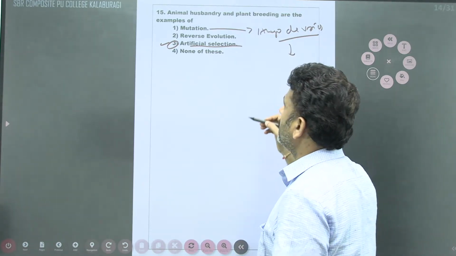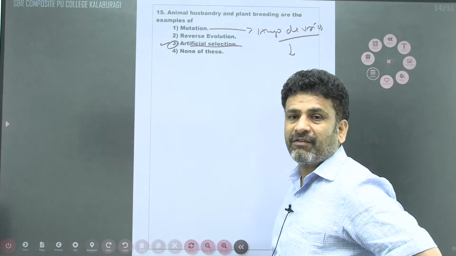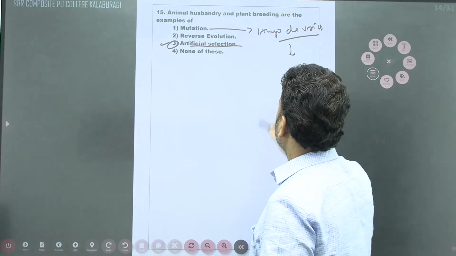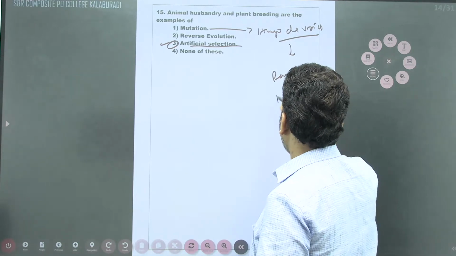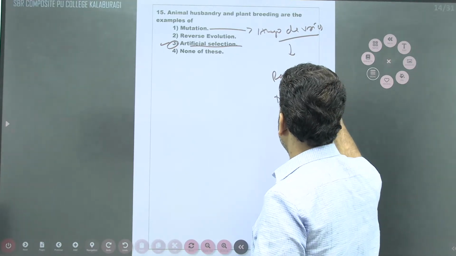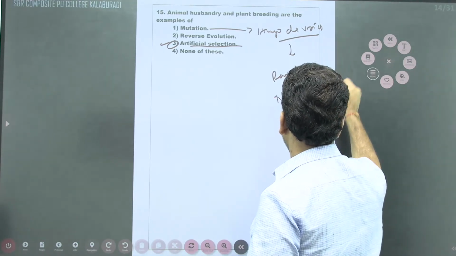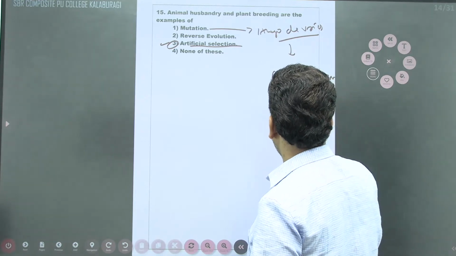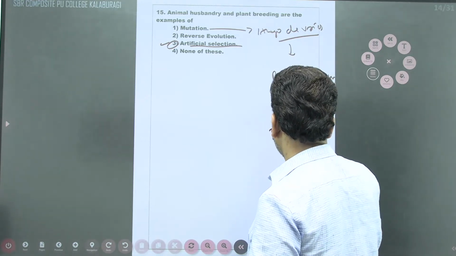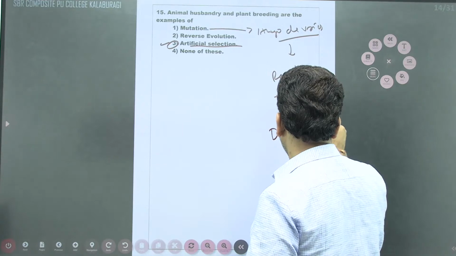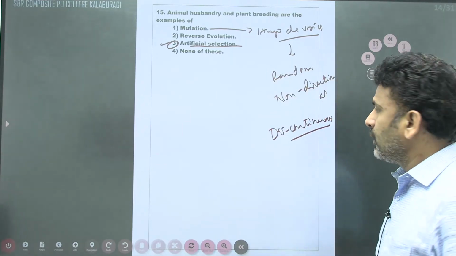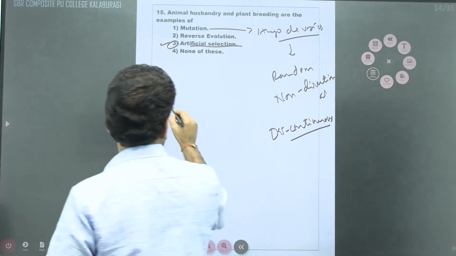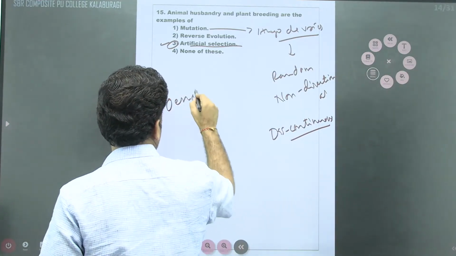These mutations are the main raw material for organic evolution. These mutations are random, non-directional, and discontinuous. This is according to Hugo de Vries. Hugo de Vries conducted experiments on Oenothera lamarckiana.